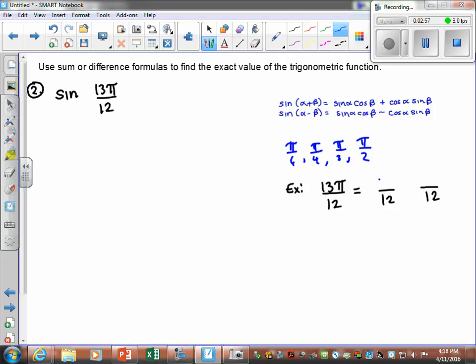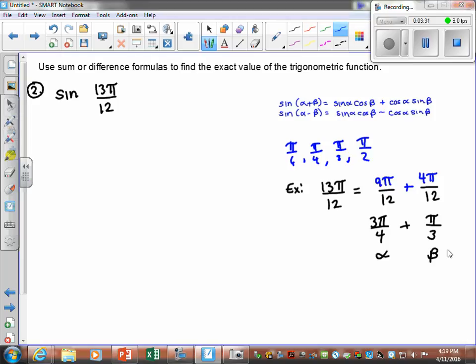So a 9 pi plus 4 pi would give me 13 pi. And then what does this reduce to? This particular one is going to reduce to a pi over 3, which is nice because it's one of my very common ones. Then let me simplify this side, which is just 3 pi over 4. So I'm going to let this be alpha, and I'm going to let this be beta. This is one example that will work for this particular problem. Okay, so you'll get better at that as you go.